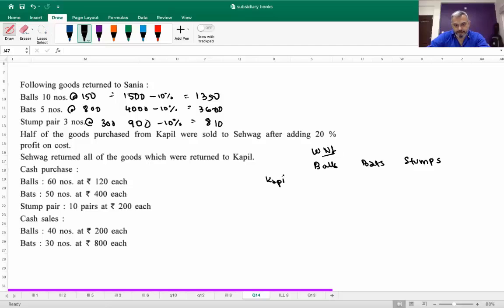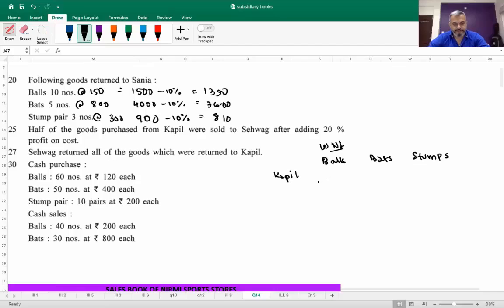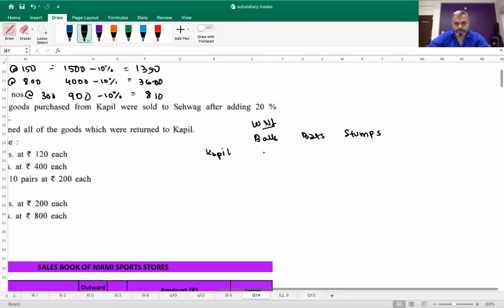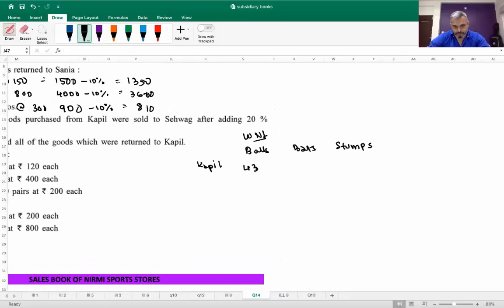So Kapil का कितना purchase हमने किया था Kapil से? तो 4320, 21600 and stumps 2160. उसका half.